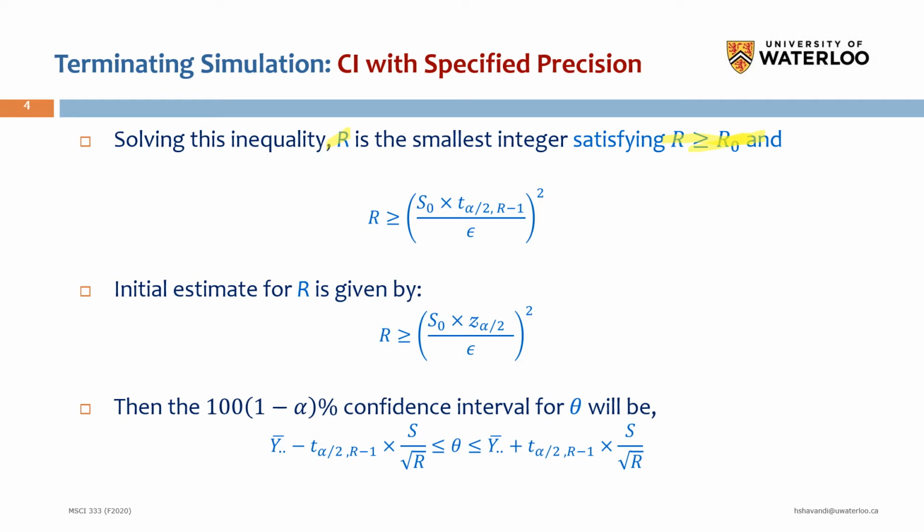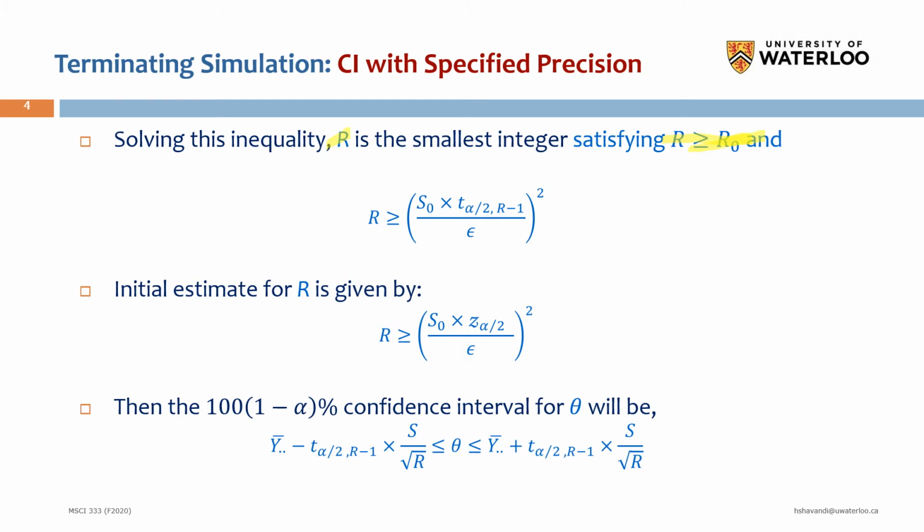So if we have an R0, the initial sample size, and then we solve that inequality, and if R is less than R0, we are not going to decrease the number of replications, we will keep R0.